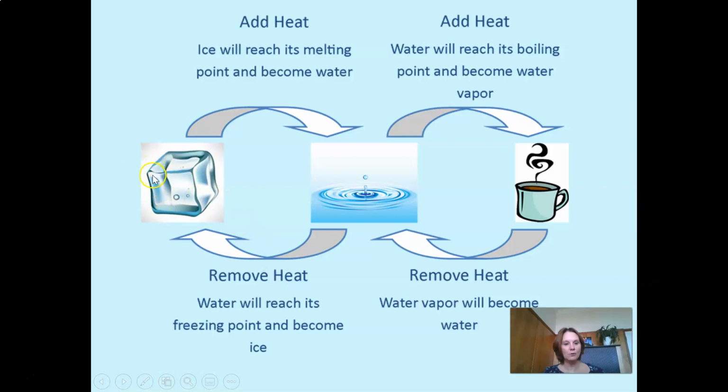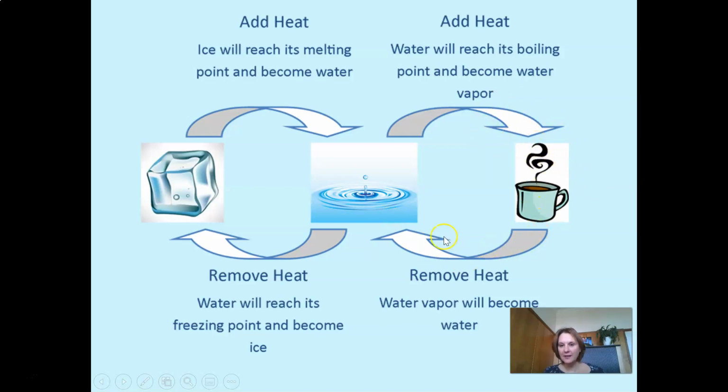Well, let's start off with its solid form. When we add heat, the ice will reach its melting point and become water. When it's in its liquid form and we add heat, water will reach its boiling point and become water vapor. The same happens with the reverse process.